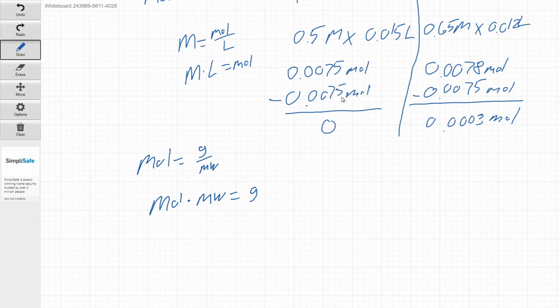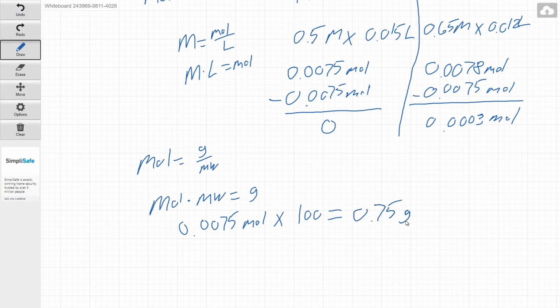So obviously we plug this in, we get 0.0075 moles times, we're going to want the molecular weight of calcium carbonate, which is 100. So we'll get 0.75 grams of calcium carbonate. And this would be my final answer for that.